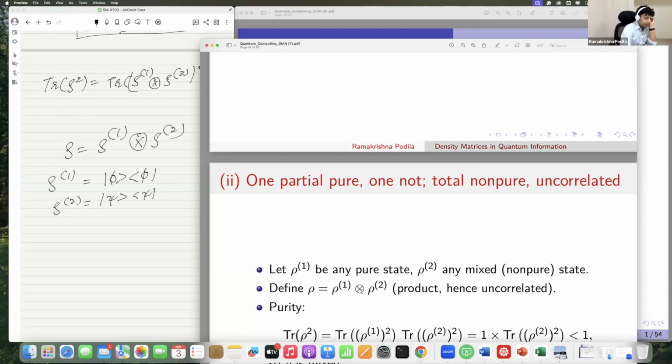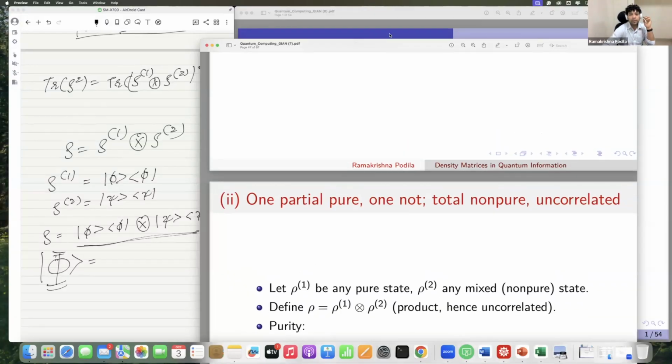Then if I take the tensor product, my rho would be phi tensor product with psi. Now I can get the same tensor product by taking some other state, big phi, which I would define.